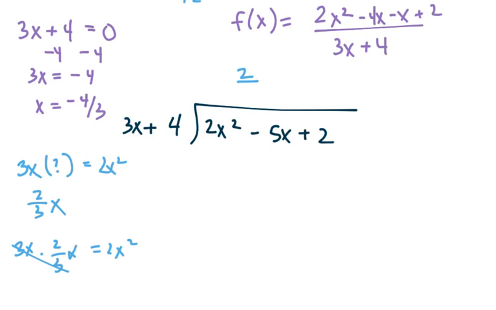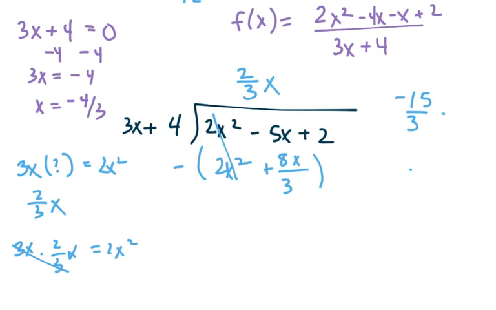So this will have a slope of 2/3. So 2/3 x, and then we have to multiply everything by 2/3. So 2/3 x times 3x leaves us with 2x squared, as we wanted. 2/3 x times 4 leaves us with a positive 8/3 x. And then there's nothing else, so we subtract that. And then we have to do -5 minus 8/3.